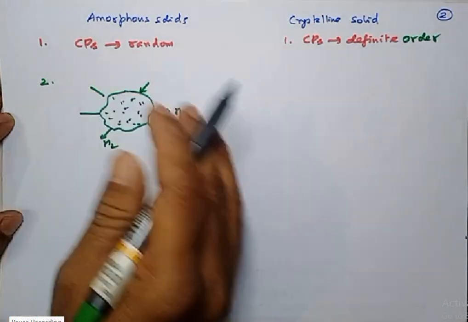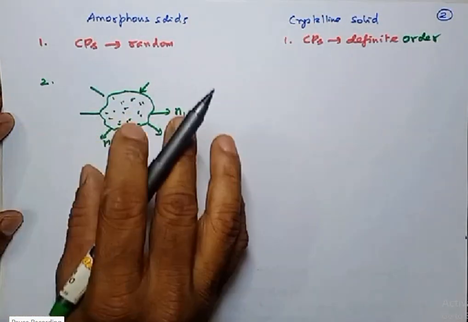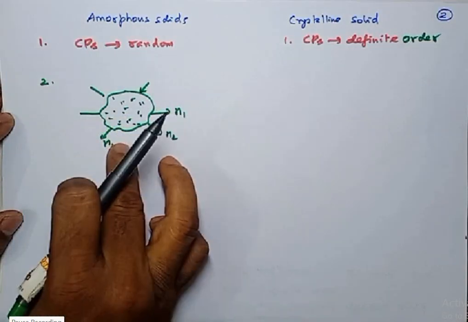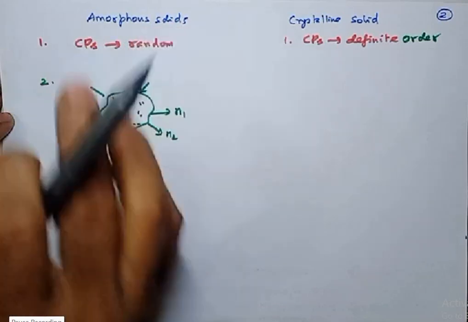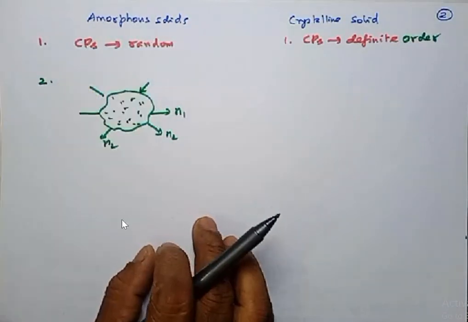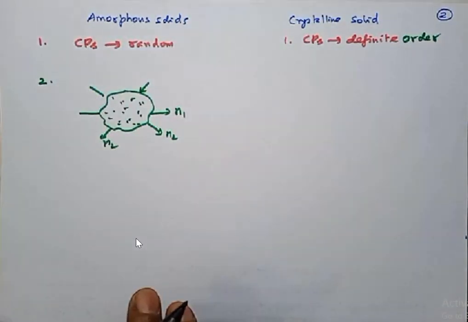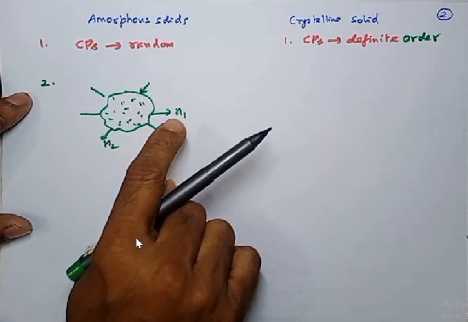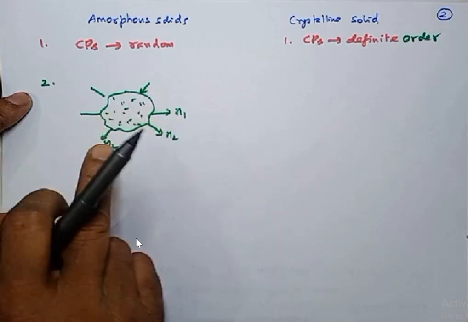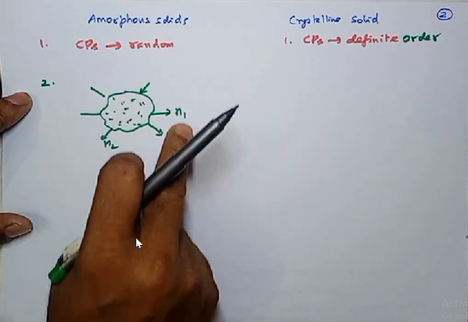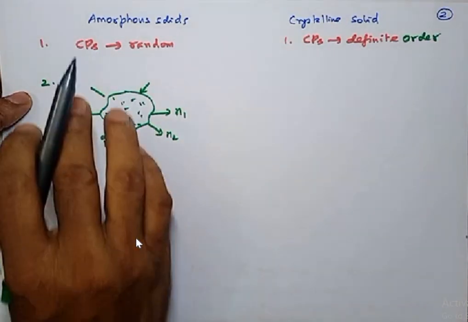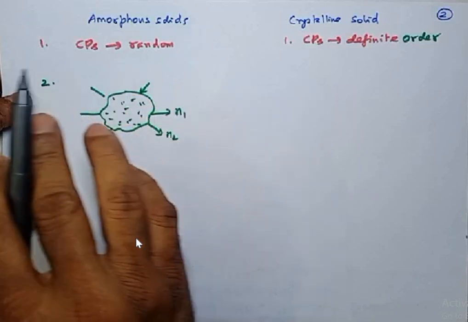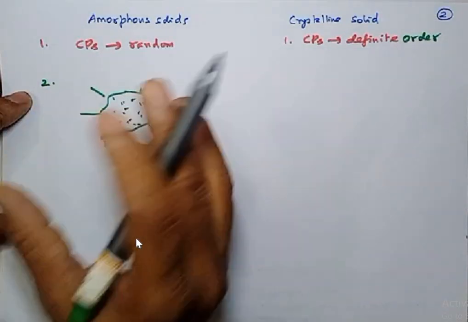In whatever direction you take, on average, the refractive index values are equal in the case of amorphous solids. They all have the same refractive index in all directions.